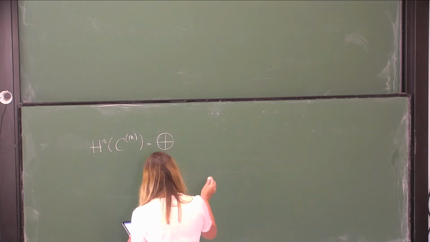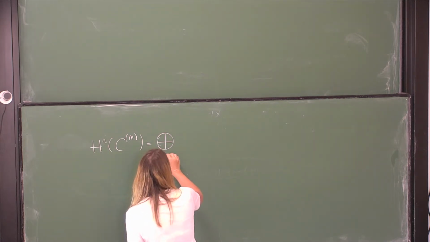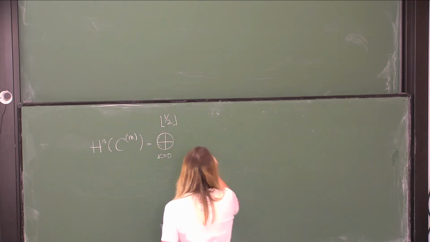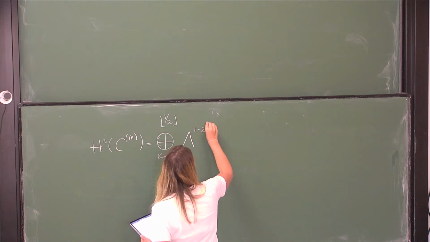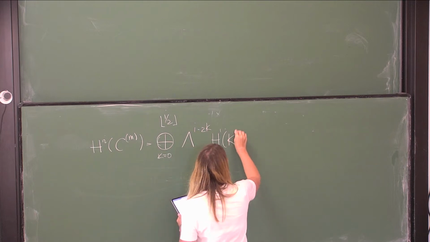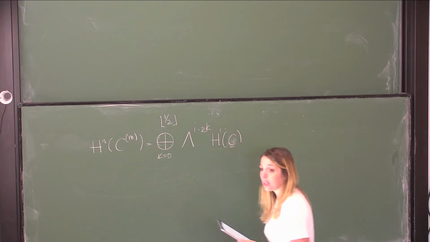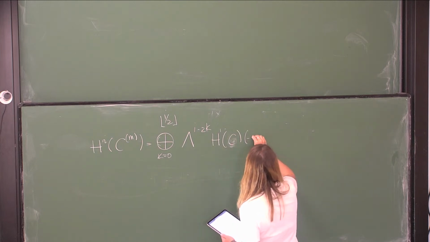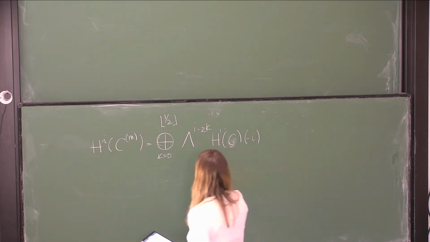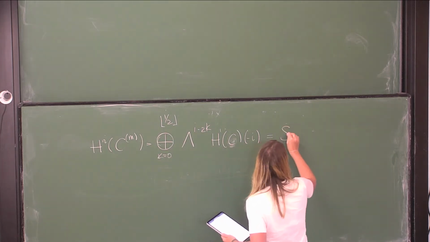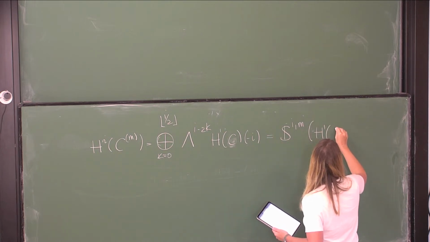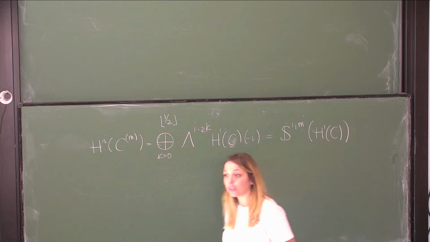Basically, we take the direct sum from k equals 0 to the floor of i over 2 of the exterior power of H1. And then, since we want this to be possibly a Hodge theoretic statement, we just add the Tate shift. Let me call S this linear algebra operation that we apply to H1.